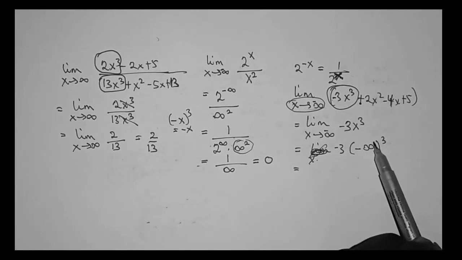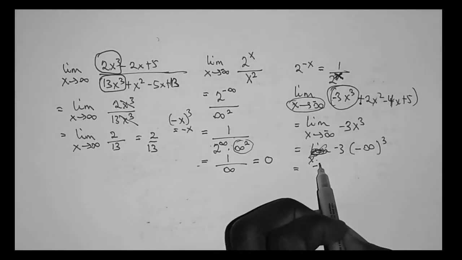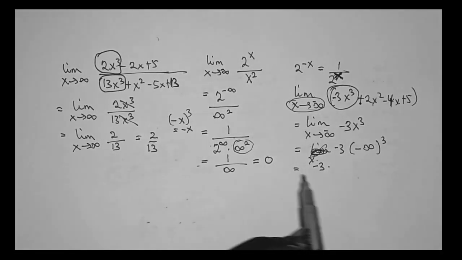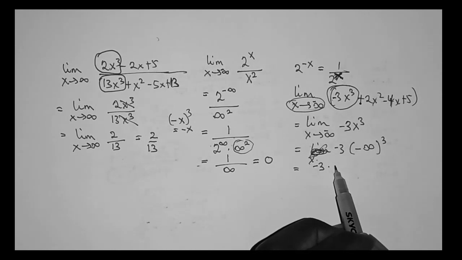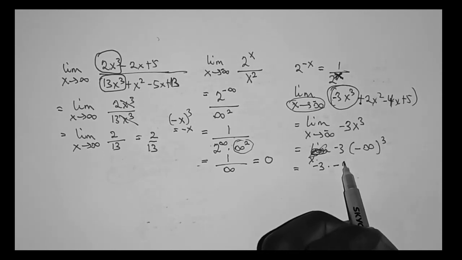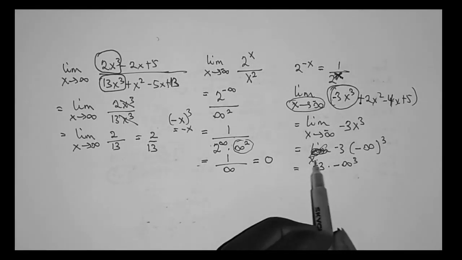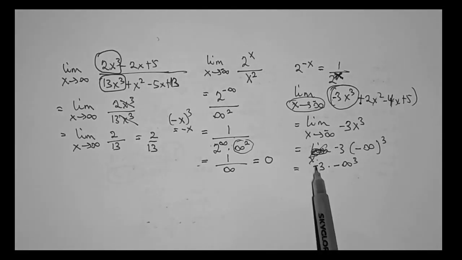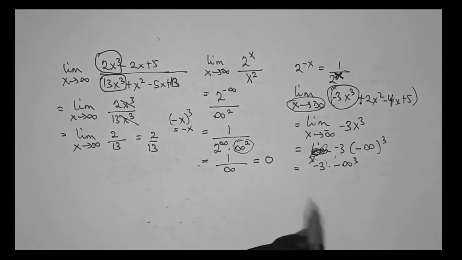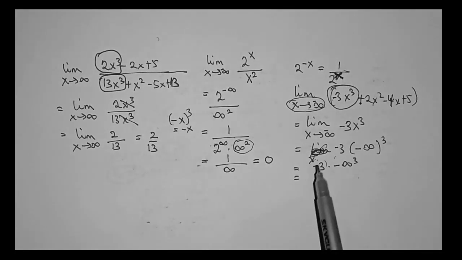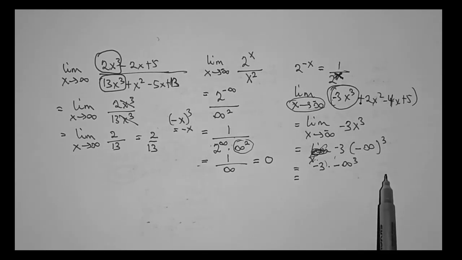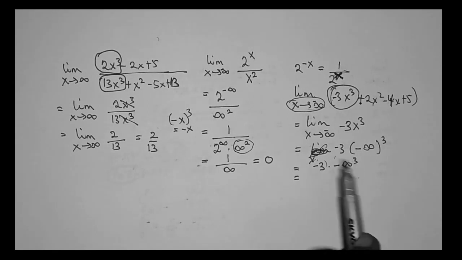So therefore, minus infinity cubed. So this is minus 3 times minus infinity cubed. In other words, minus times minus will give us a positive value. So we have a certain constant times a very, very big number. We are going to get a very, very, very big number. And therefore, this will give us infinity.